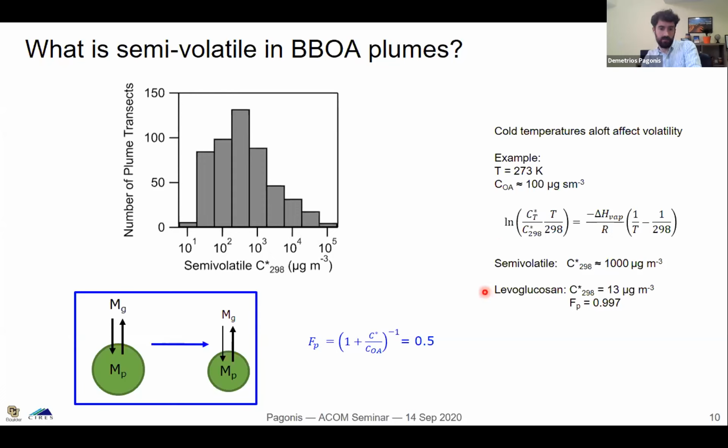And so something that is often considered a semi-volatile component of primary smoke OA, like levoglucosan, is actually almost entirely in the particle phase in these conditions. And so people have tried to do airborne measurements of levoglucosan in smoke plumes, but they've just been in a regime where all the levoglucosan is in the aerosol phase, and so it then becomes very hard to measure its evaporation as you go.